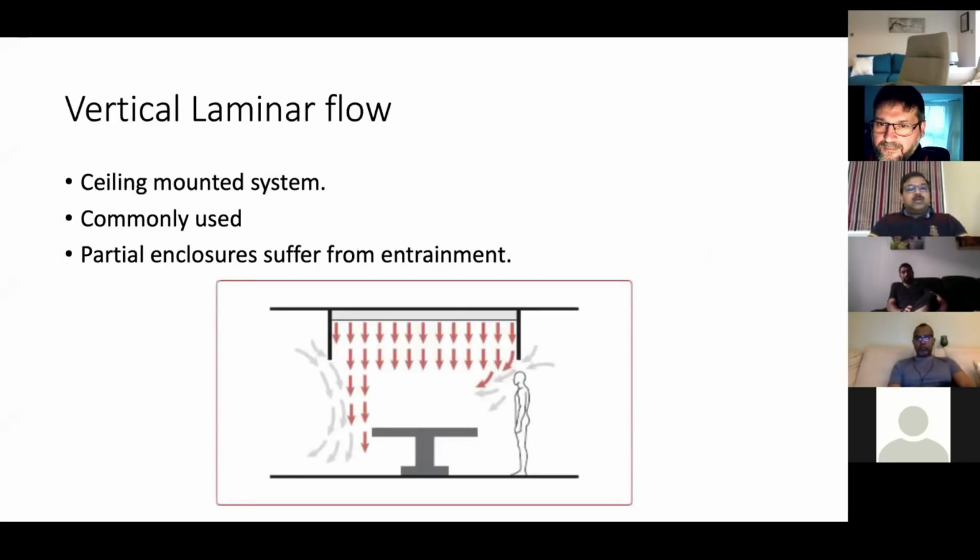This is a common type of laminar flow used. It is a ceiling mounted system, vertical laminar flow, partial enclosure. What we mean by partial enclosure is essentially that part of the room has this laminar flow system, and it is segregated by partial height walls on all 4 sides.